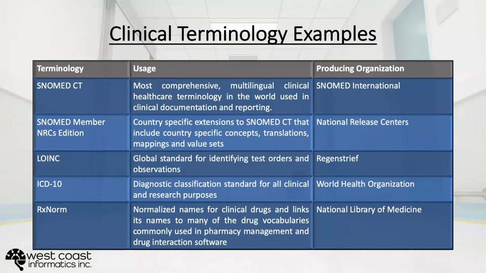RxNorm is a U.S. specific drug terminology, and it's used to normalize clinical drugs and links to names from common drug vocabularies that are used in the U.S., like First Data Bank or Gold Standard, and a few others. And that's maintained by the National Library of Medicine.